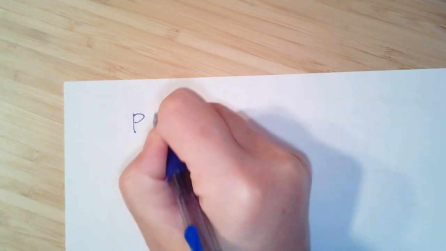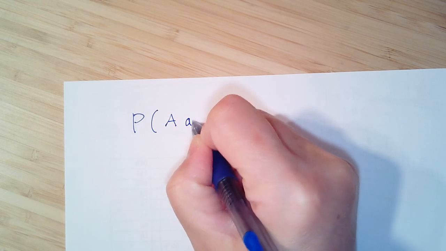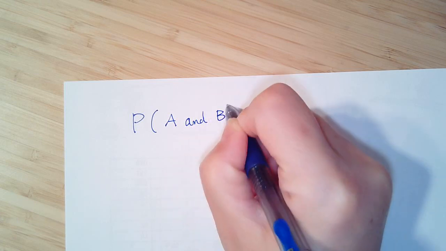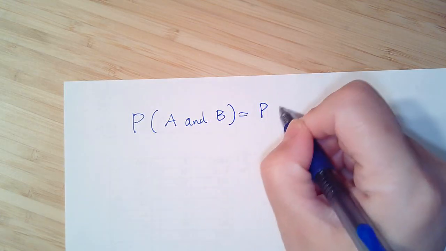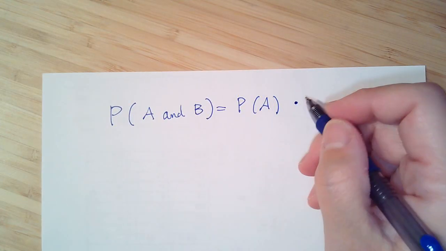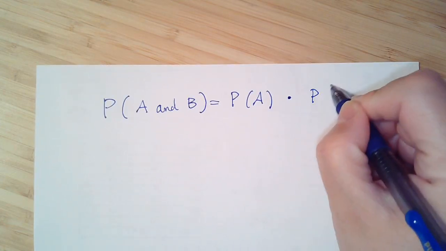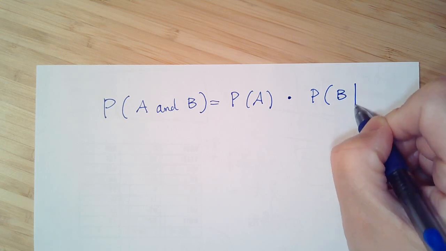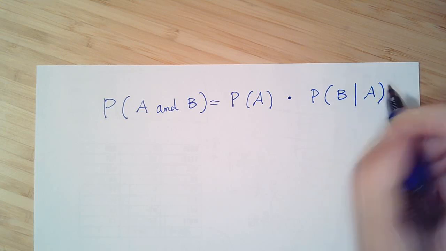The probability of A and B is actually the probability of A multiplied by the probability of B given A. You see that?